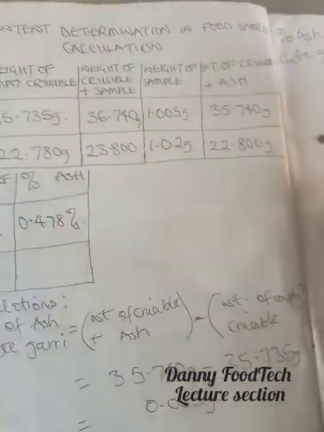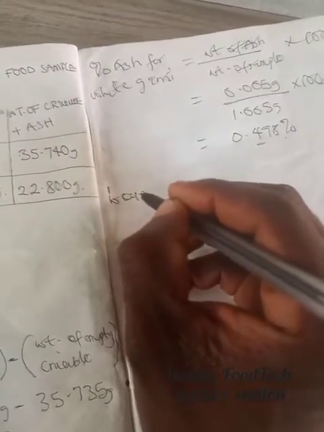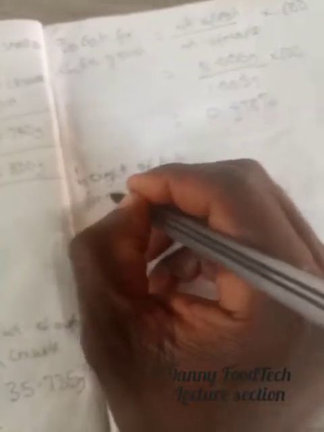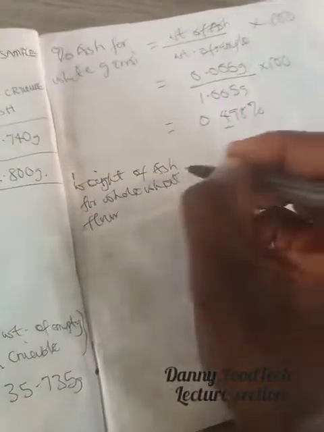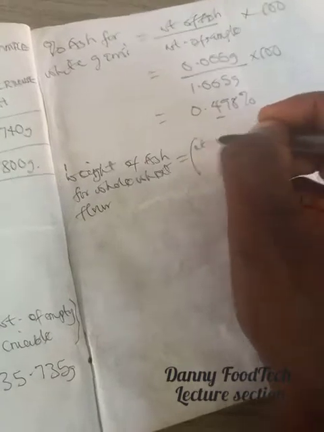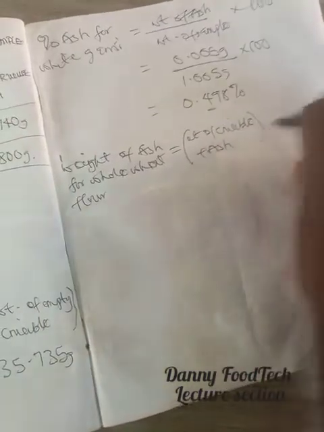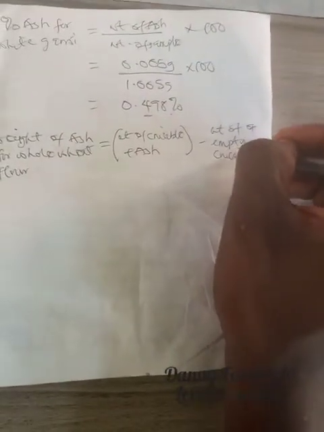And so we do the same for whole wheat flour. For whole wheat flour, the first thing is the weight of ash for whole wheat flour, and that is the weight of crucible plus ash minus the weight of empty crucible.